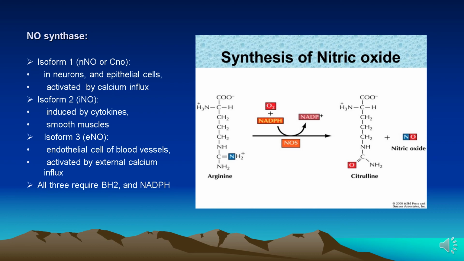And isoform 3 is found in the endothelial cells of blood vessels, and it is activated by external calcium influx. All these 3 types of nitric oxide synthase require dihydrobiopterin, and require NADPH for the conversion of arginine to citrulline. I became very tired.